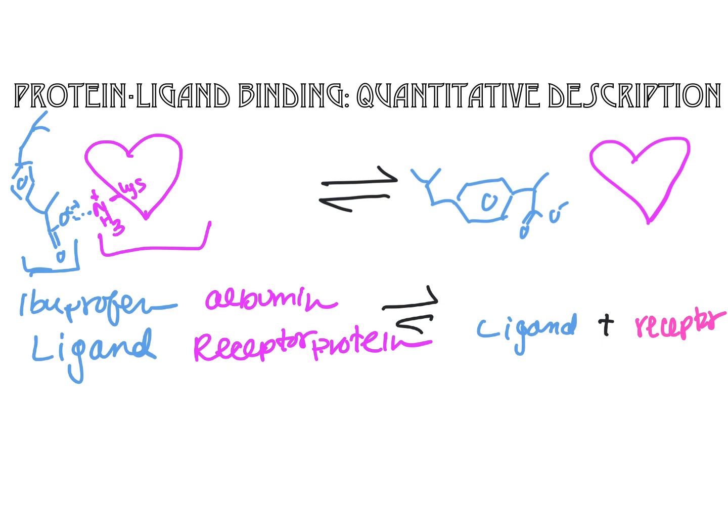So on my left-hand side right here, I have my ligand, which is L, and my receptor, R, so we would call it LR, although more frequently you would see P to L, which this indicates the protein, and this indicates the ligand.